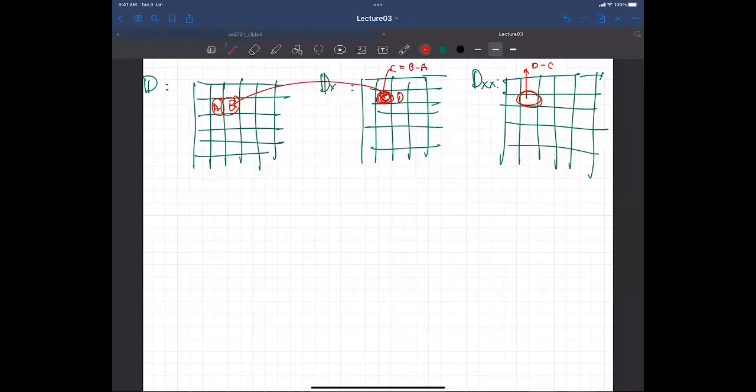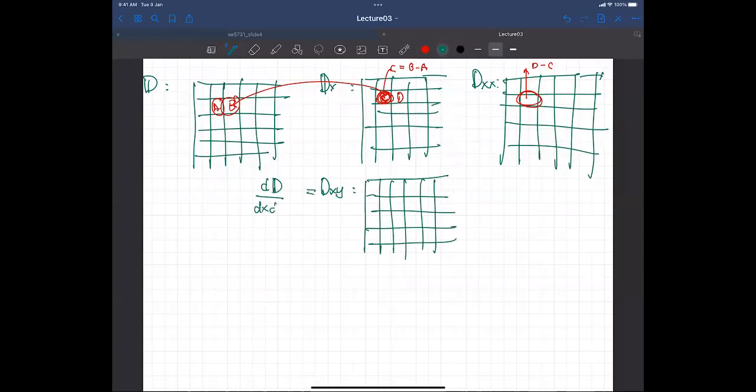So what happens if it is dxy? It is d squared D dx dy. dxy means that you have dx now with respect to y.